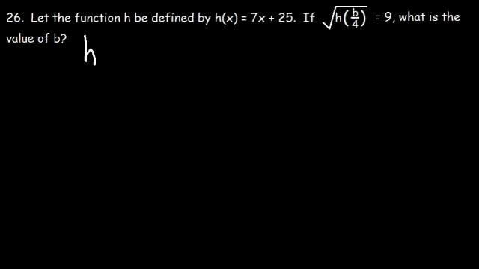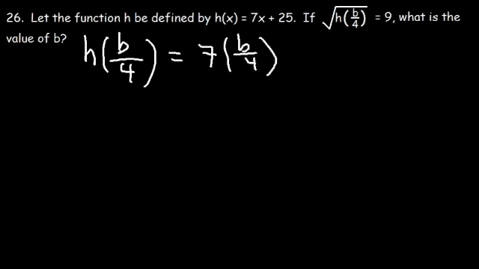Notice that there's no multiple choice answers to select. So this is our free response problem because typically you'll see some of those questions on the SAT. So to find h of b over 4, we need to replace x with b over 4. So therefore, h of b over 4 is equivalent to this expression.